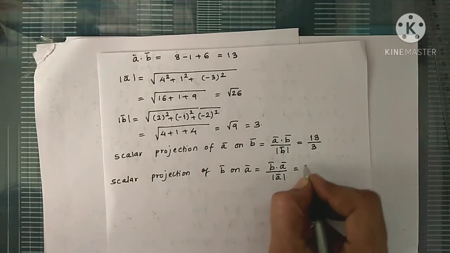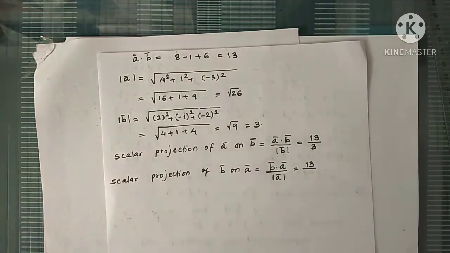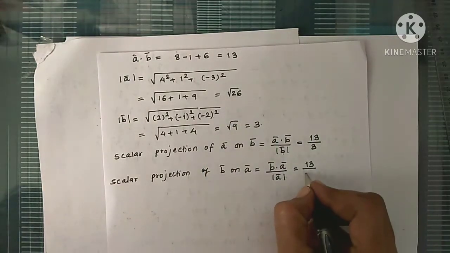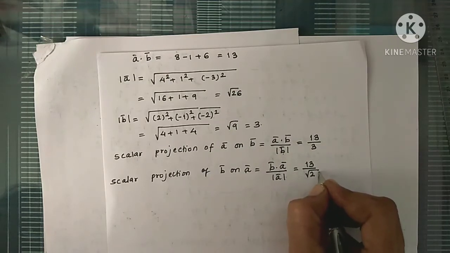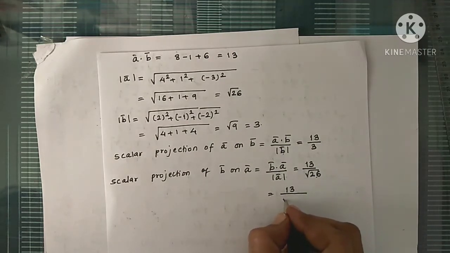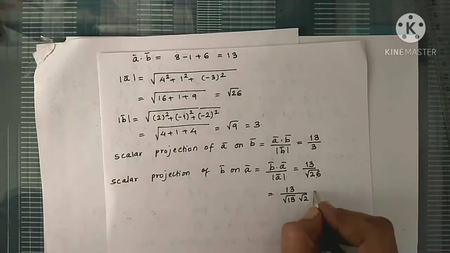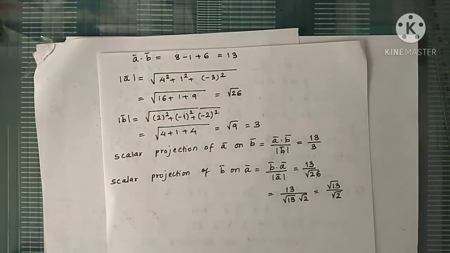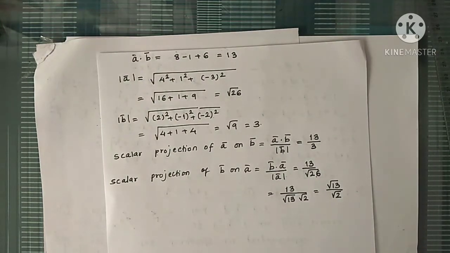But a bar dot b bar and b bar dot a bar both are same. So in the numerator we have 13 and modulus of a bar is root 26. So you can further simplify this as 13 divided by, if we consider this as 13 into 2, then it will be root 13 root 2. So we can write this as root 13 divided by root 2. So this is scalar projection of b bar on a bar.